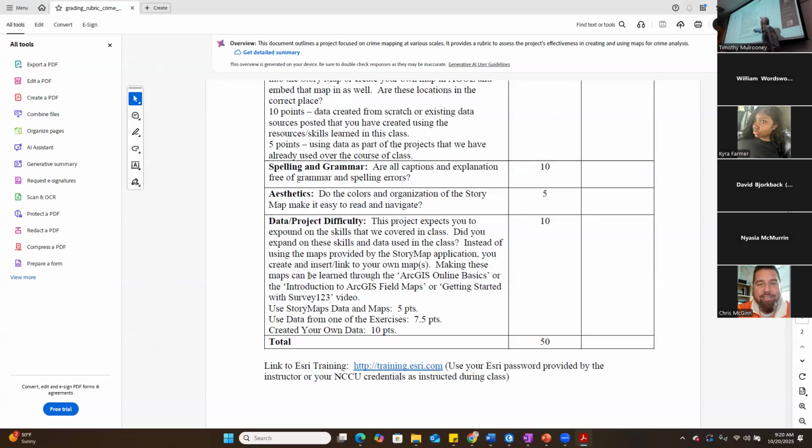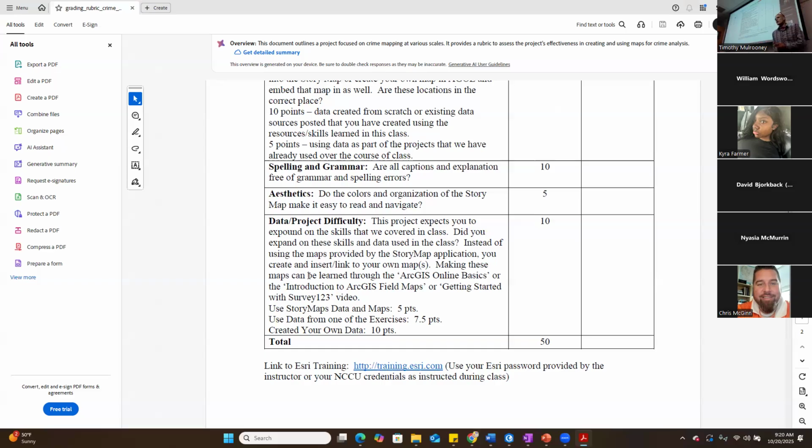Are you using something from the exercise? Or did you go out and create your own? Creating your own might be, hey, Mulrooney gave me all the 2022 data, but I'm going to go look at all the prostitution. I'm going to go look at all the motor vehicle thefts and then make my own conclusions from those data. And those would definitely qualify as creating your own data and being able to extract from existing data sources, because there's some value in that.